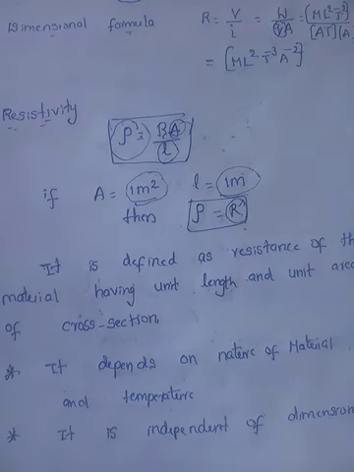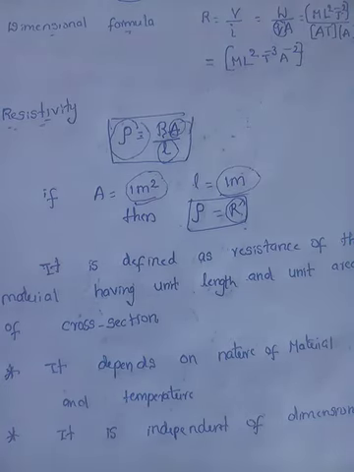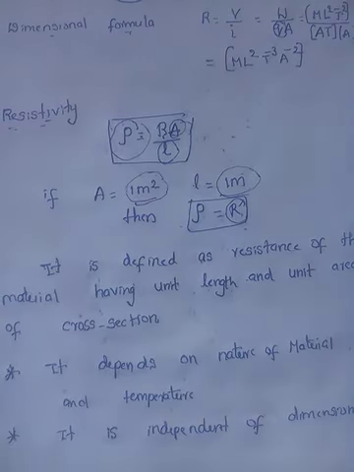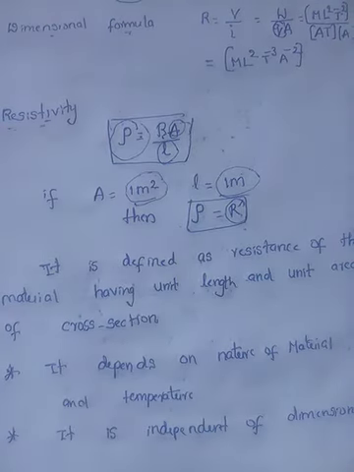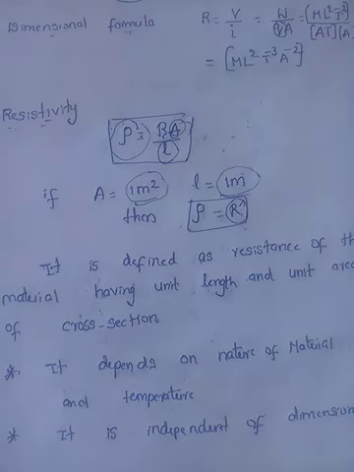See, here we are defining the property of resistivity as the resistance offered by a material having finite length and finite area of cross section, meaning unit length and unit area of cross section. For example, I have taken the material steel. I want to produce current in that steel. So the resistance offered by it is constant, right?